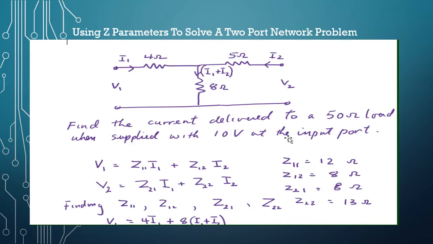We will continue to solve the problem by first drawing the equivalent circuit and then solving for the input voltage of 10 volts with a load of 50 ohms. We'll do that in the next slide.